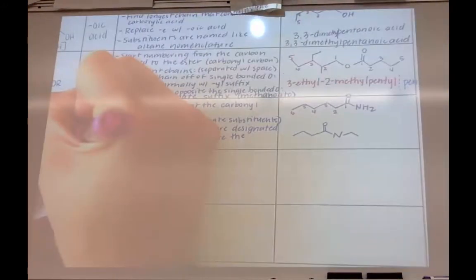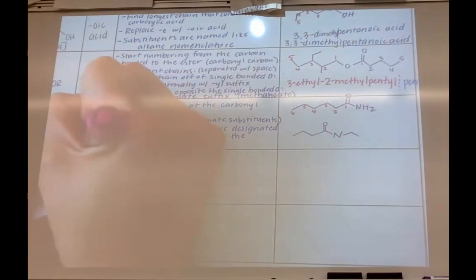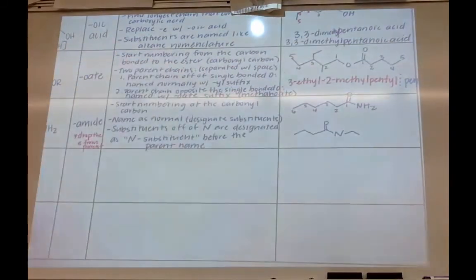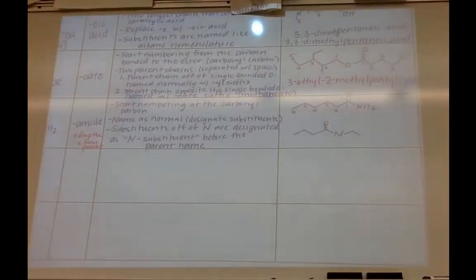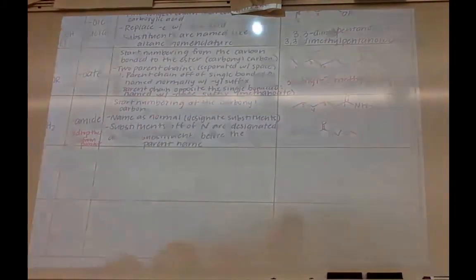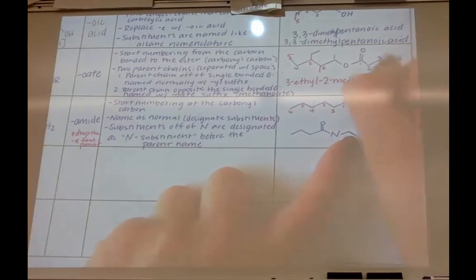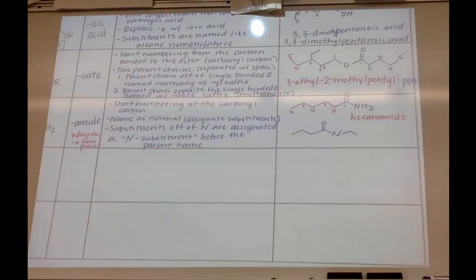All we're doing is dropping the E from the parent chain. Meaning if it were hexane, it'd just be hexanamide. So this, again, hexane, there's no substituents. So this is hexanamide.